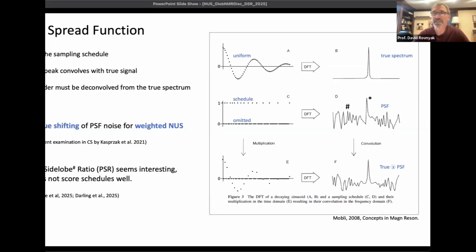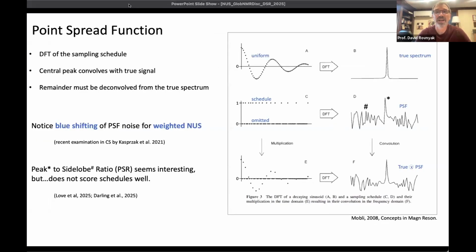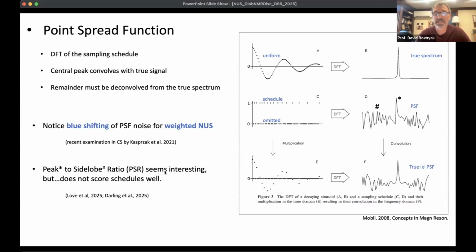However, it's turning out that that's not as helpful a metric as first thought. In fact, some recent works are cautioning that this peak to side lobe ratio, while it's interesting and may still have some value, does not score schedules well. Now, we are going to actually revisit that, and I'm going to cast that in a different light.